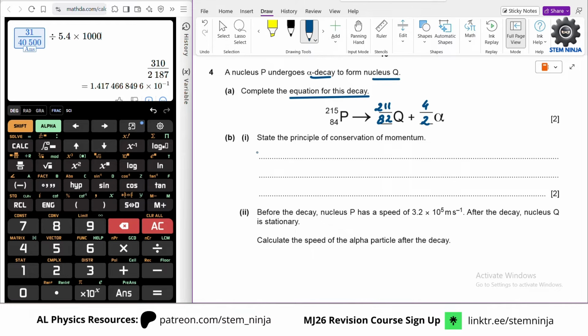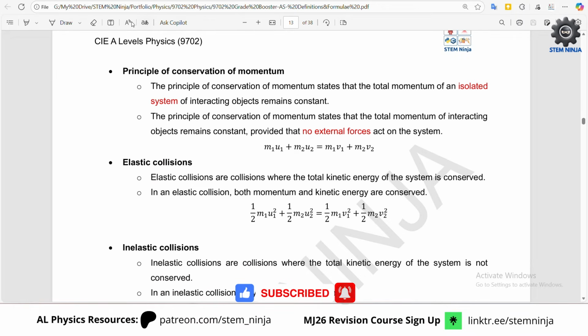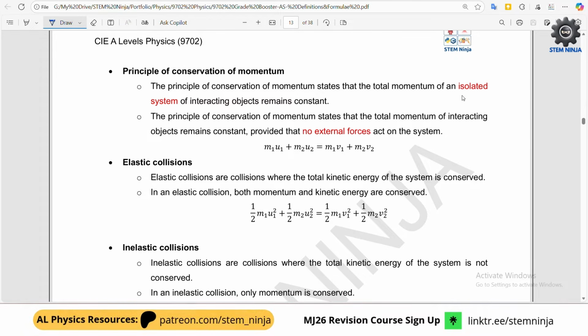Right, now we have two variants for this. Let me show you in the Great Booster Pack. Okay, two different versions, almost the same thing, but two different phrasings over here. The main difference is the words isolated system and no external forces. So either you say isolated system or no external forces.